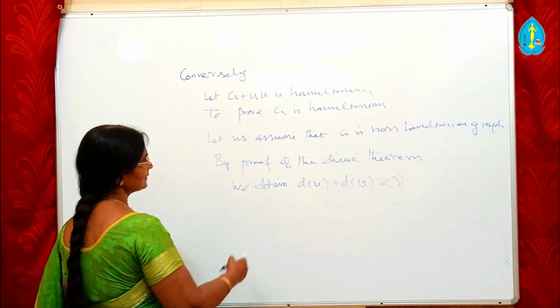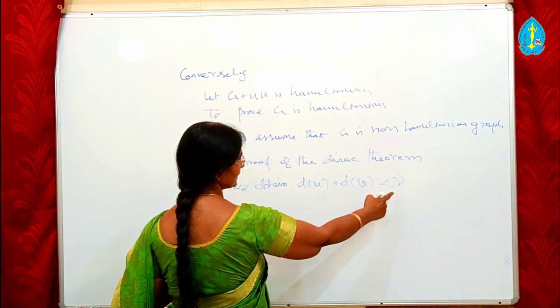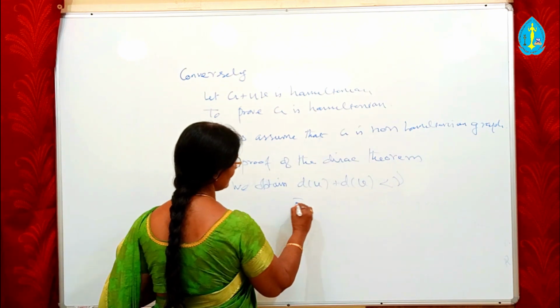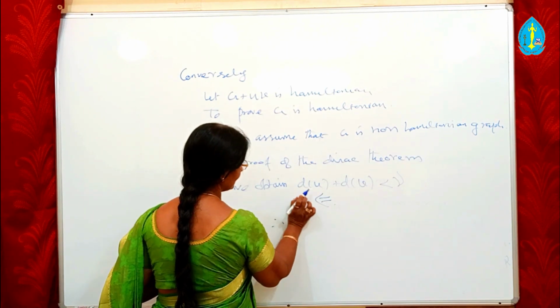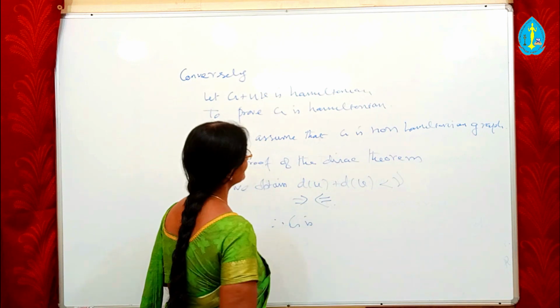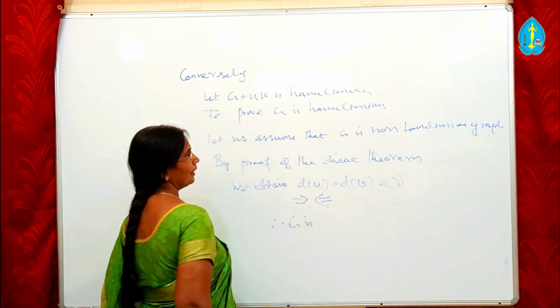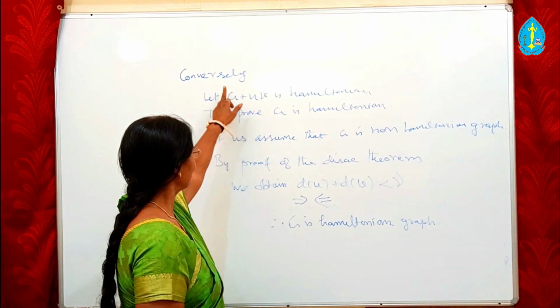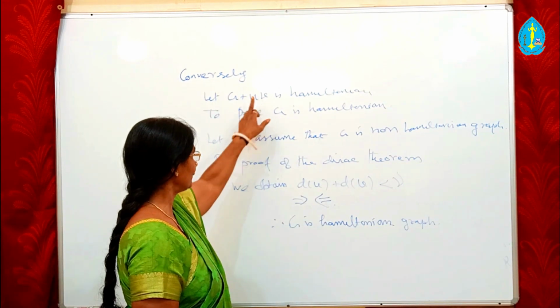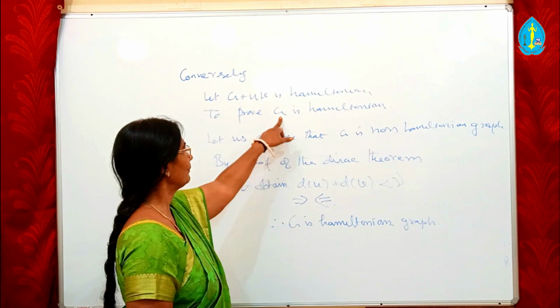But our hypothesis is d(U) plus d(V) greater than or equal to gamma, which is a contradiction. Therefore, our assumption that G is non-Hamiltonian is wrong. G is Hamiltonian. That is the other part.